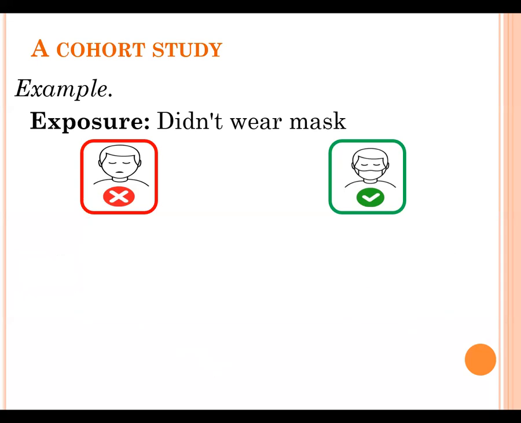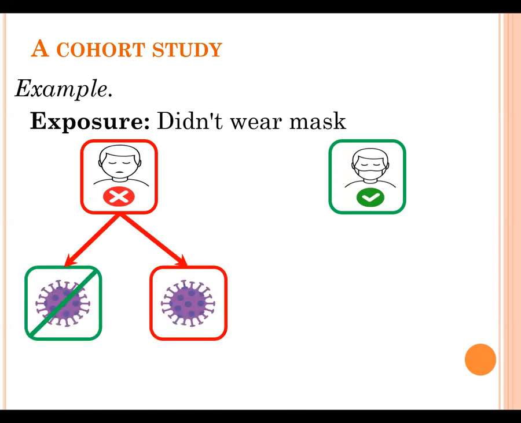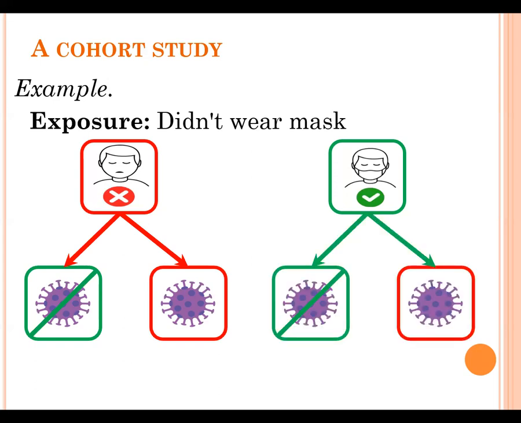Now, we follow them for 6 months to assess the outcome variable, the status of COVID. After the 6-month follow-up, we found that some people who didn't wear a mask have been affected. Similarly, some people who wore a mask were also affected.